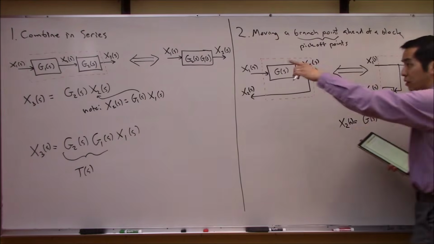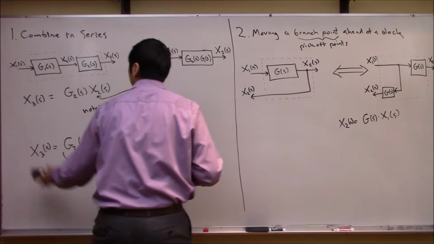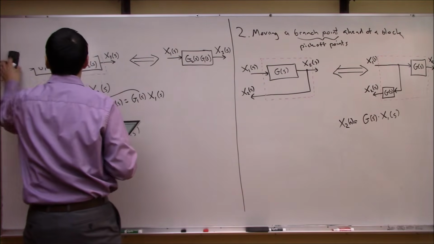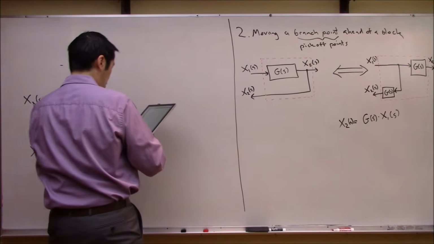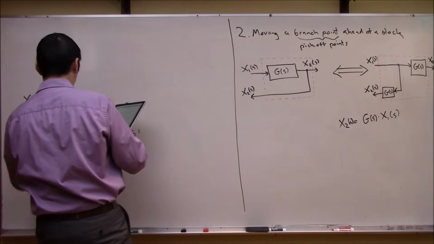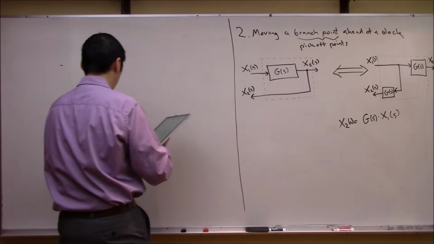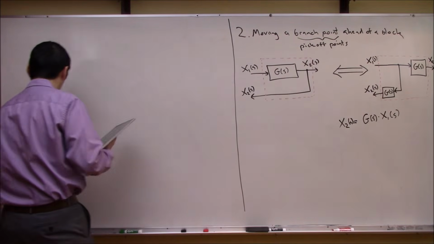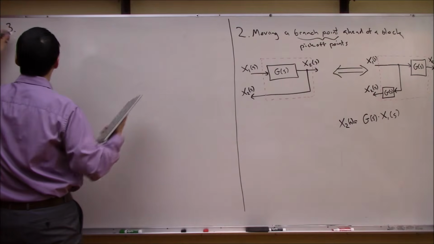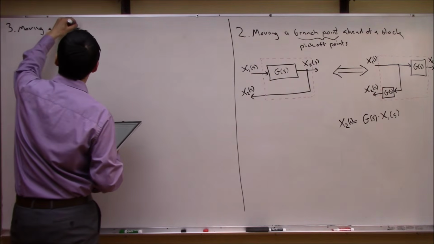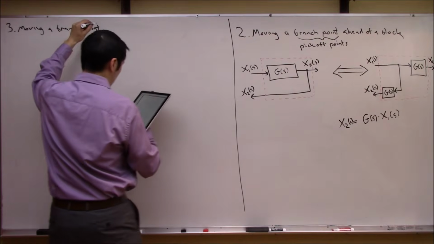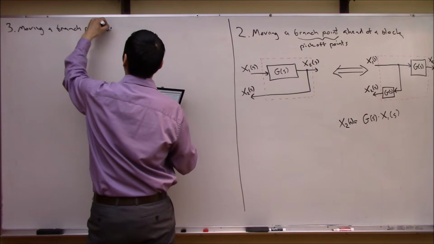Let's keep going here. Let's come over here and maybe erase this side and come up to operation number 3. So operation number 3 is going to be, well, let's just do the opposite. What if you wanted to move a pickoff point behind a block for some reason? That's very similar to earlier, but let's move a branch point or a pickoff point here behind a block.